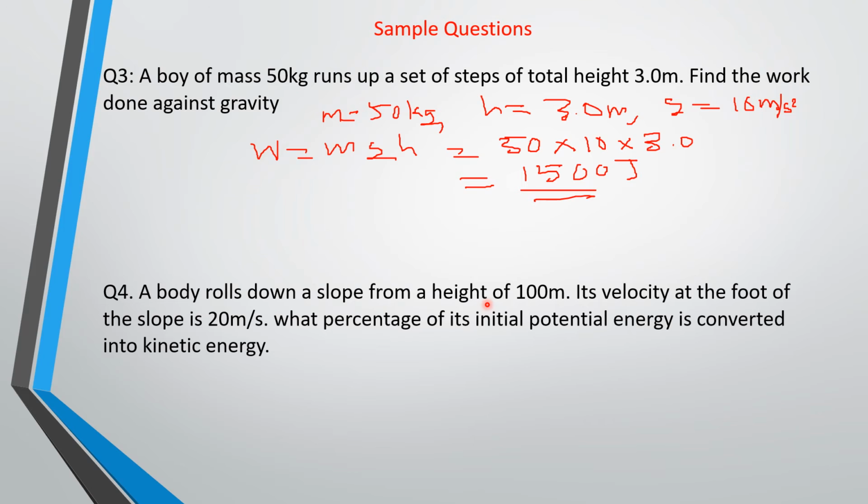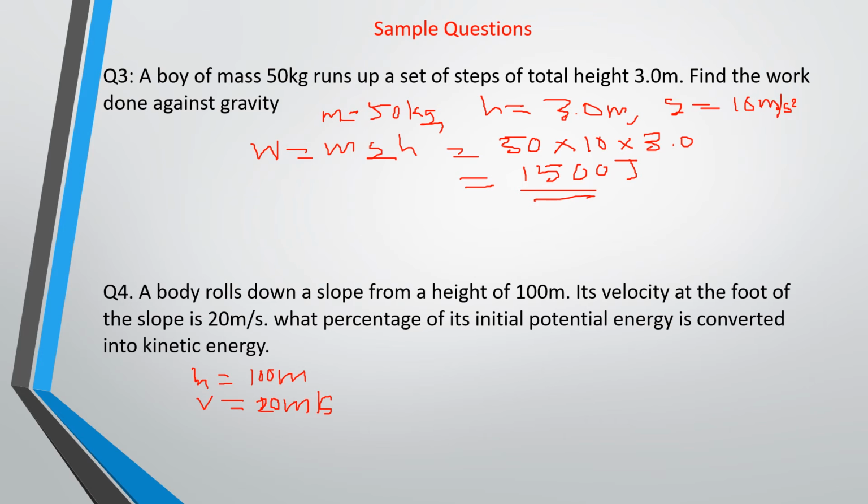So for this body, we are given the height of the slope to be equal to 100 meters, and we are given the velocity at the foot of the slope to be 20 meters per second.